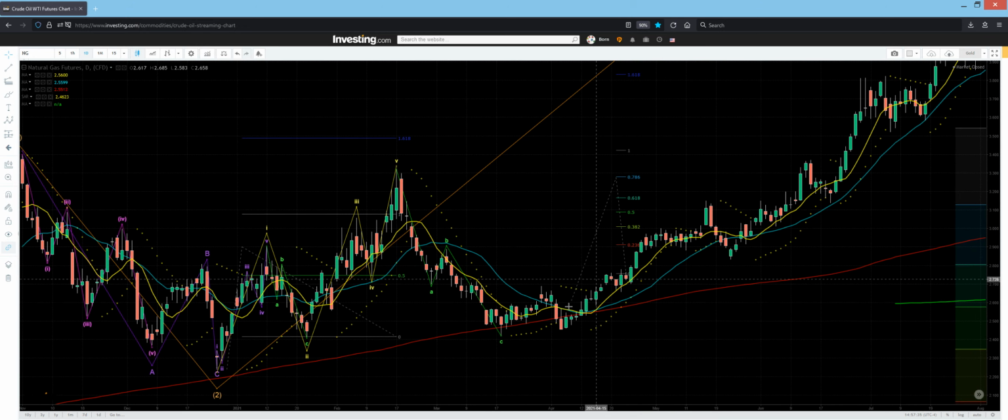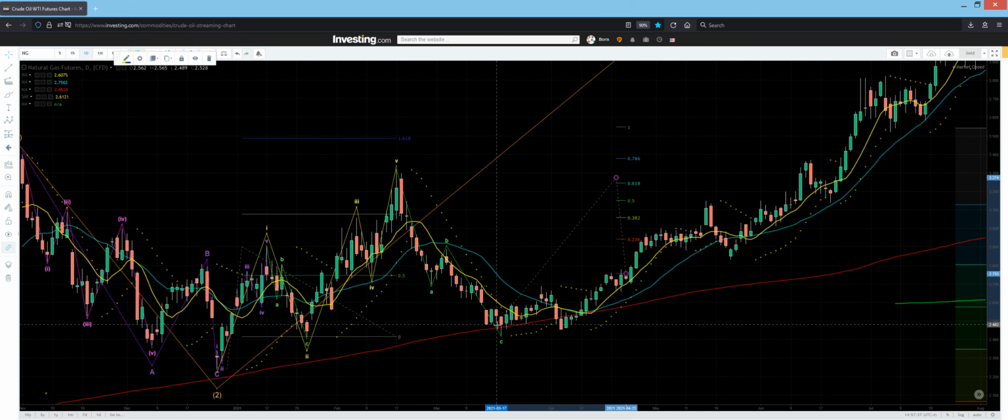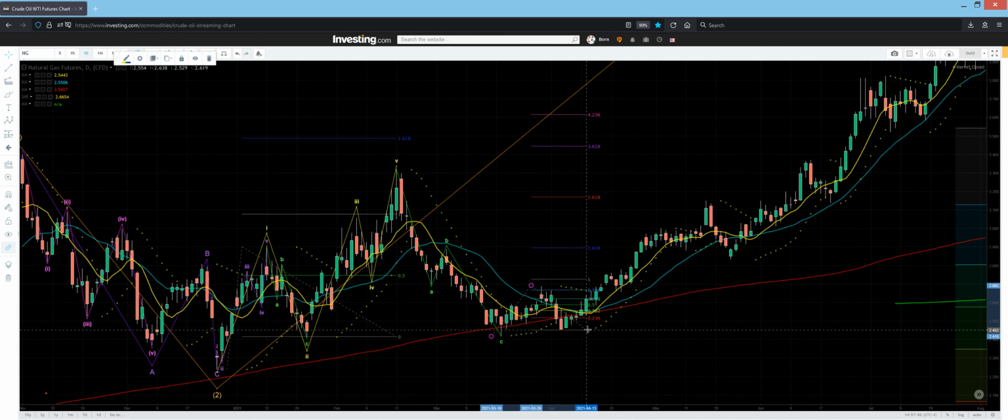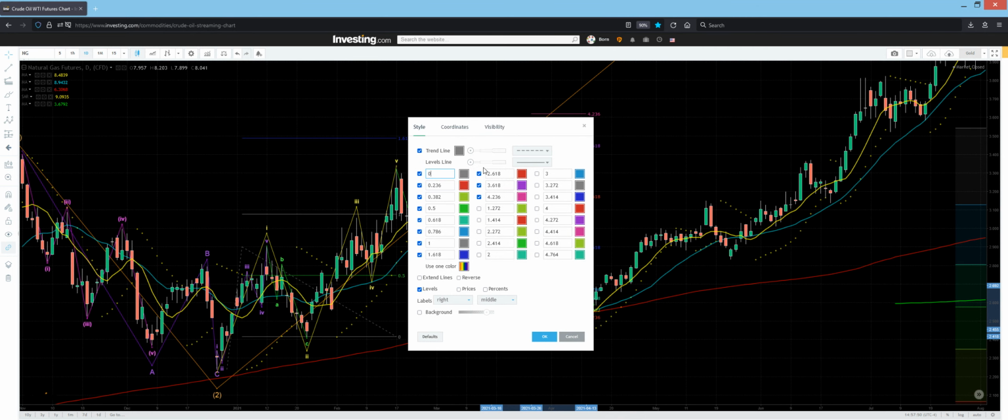Now I think this one here is going to be 1 and 2 of the initial 1, 2, 3, 4, 5. Just some minor price action. Also, you can always make money from that.